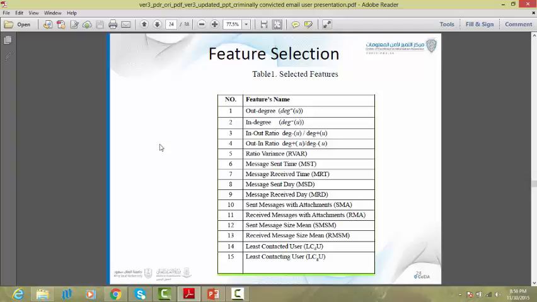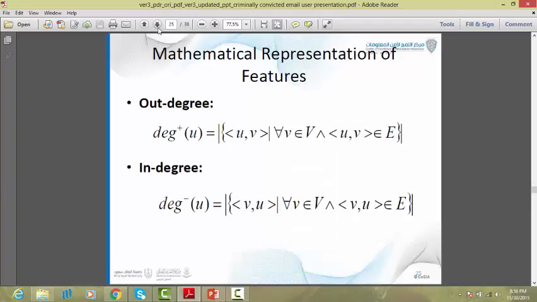So let me start with this one now. The first feature is about the mathematical representation of the features. This one is out degree and in degree. Out degree is represented by the positive sign, and in degree is represented by the negative sign.